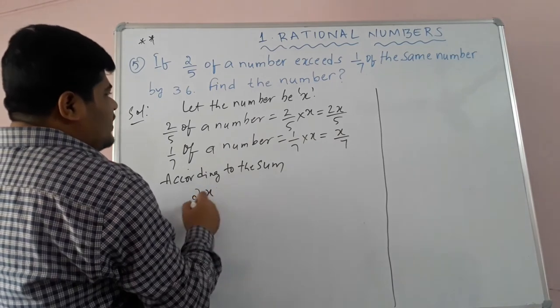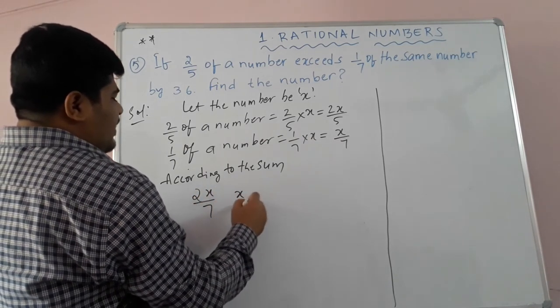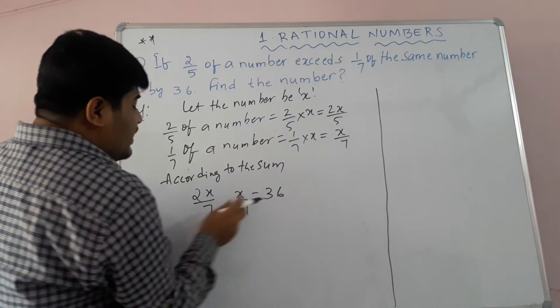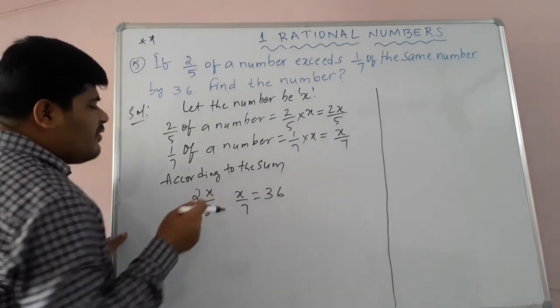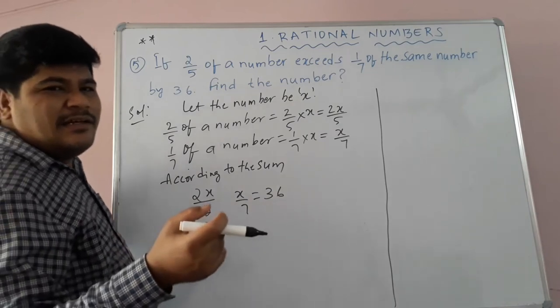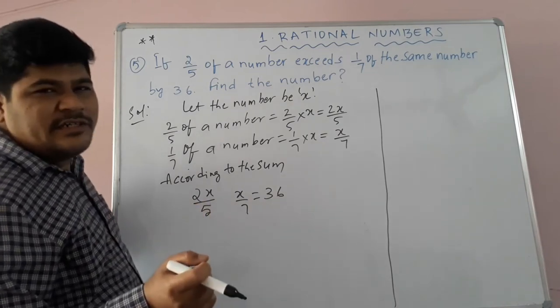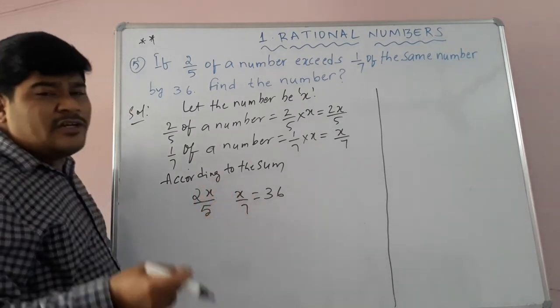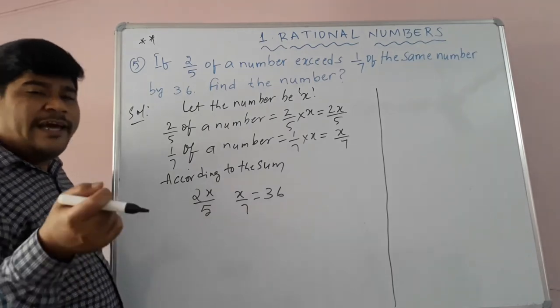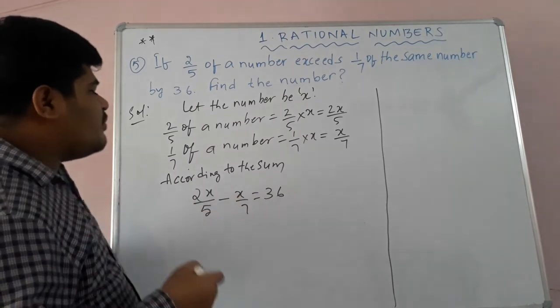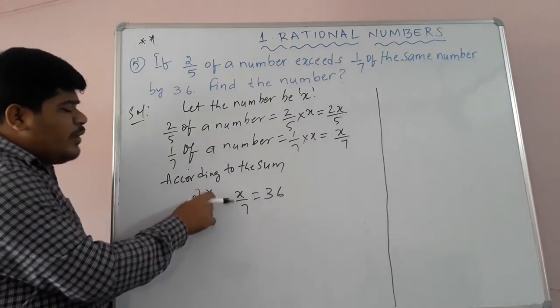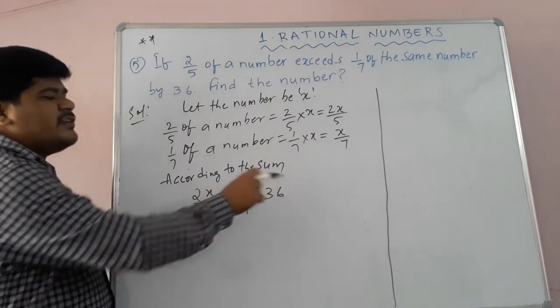Sorry, 2x by 5 is exceeding x by 7 by 36, children. So exceeding means what? 2x by 5 is more than x by 7. So here we can put a minus symbol. We can write 2x by 5 minus x by 7 is equal to 36.